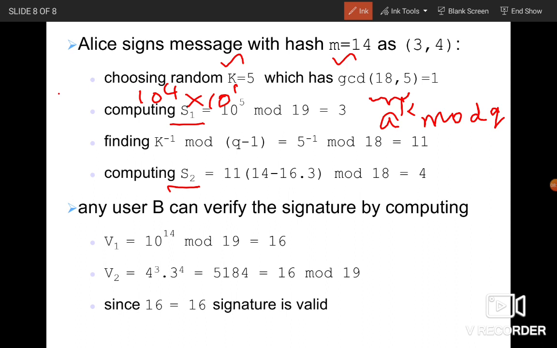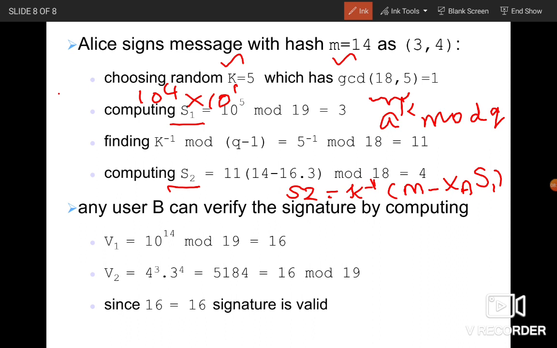Okay. So then to calculate the second signature component, we have the formula S2 equal to K inverse into (M minus XA into S1). So this is the formula.